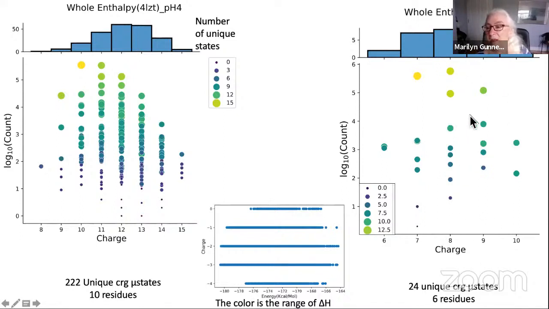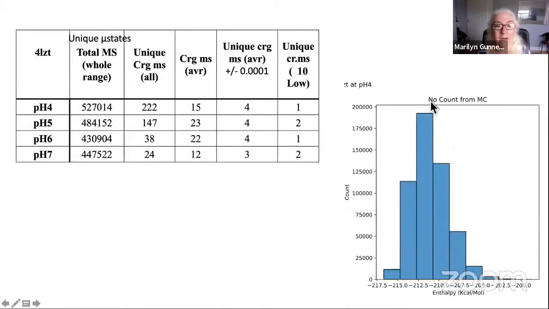So again, we now have real control over them, and we can say, what's going on with each of these, what are the side chains around them, what's the hydrogen bond network with this particular unique microstate, or this tautomer, or this tautomer. And so we can see everything. And so again, I'm going to skip this. This is going through lysozyme because I want to spend the last minute or two.